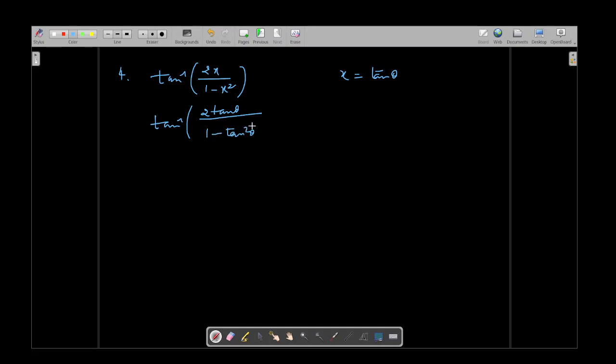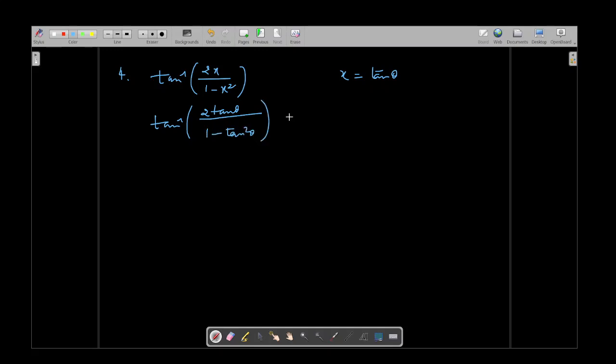Let's solve a few more. Now we have tan inverse of 2x divided by 1 minus x square. So here what I do is I put x is equal to tan theta. I can write this as 2 tan theta divided by 1 minus tan square theta.